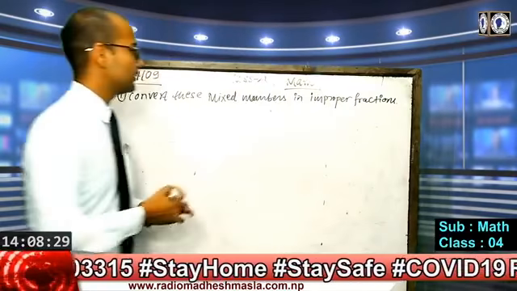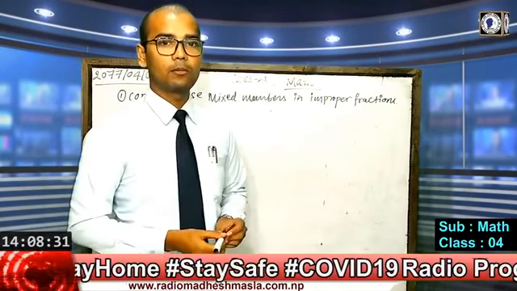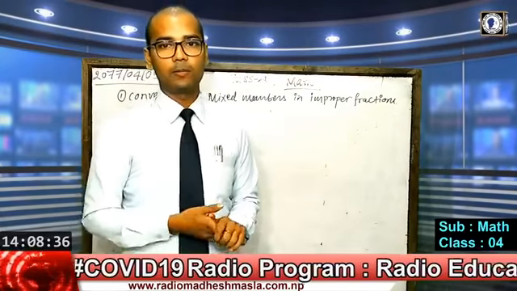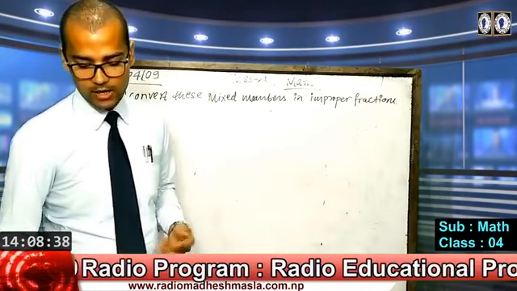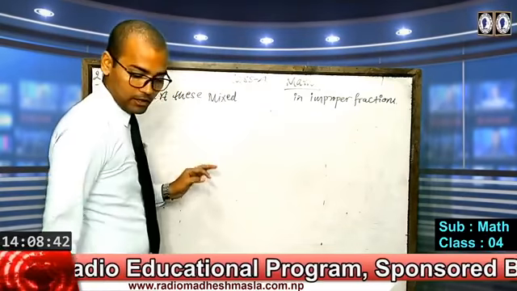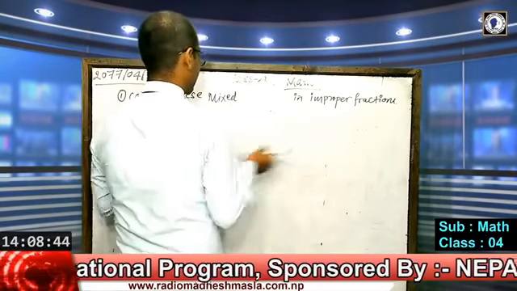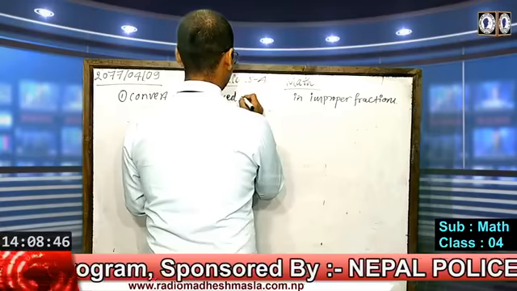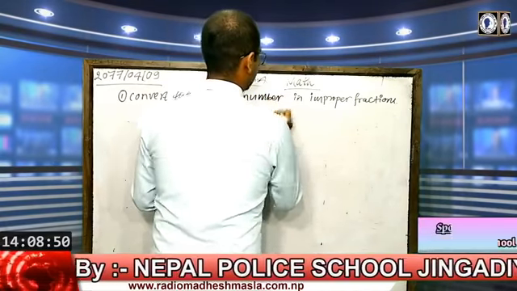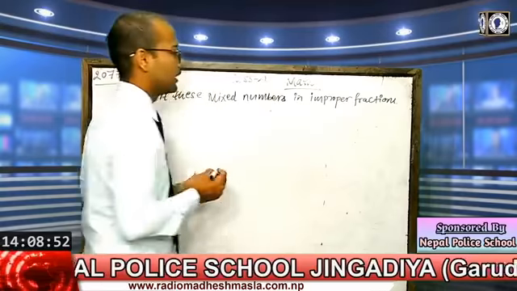So as you know, students, we only convert mixed fractions or mixed numbers to improper fractions, and improper fractions to mixed fractions. We can't change any other, that means proper fractions, into mixed or improper.